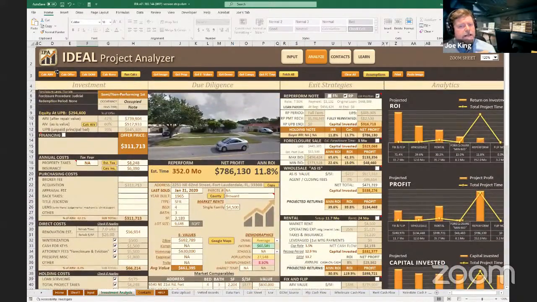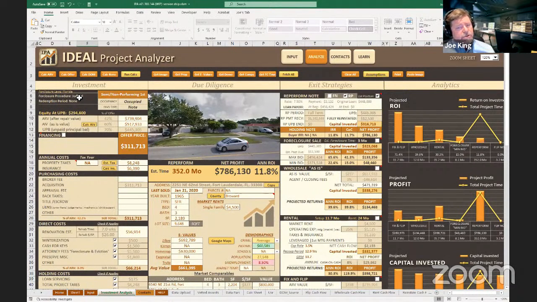Now, if I come back to the top here, and I'm looking at the overall sheet, a couple of things I want to take a look at first before I do anything. The first thing I'm going to do is take a look at the upper left-hand corner, and I'm going to see that this is a foreclosure, a judicial foreclosure procedure in the state of Florida.